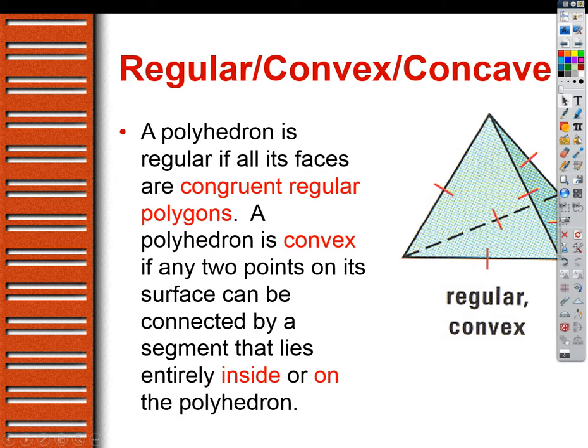Does that make sense? Whenever they leave these vertices, they're always going to be outside of the polyhedron. So therefore, it's convex, right? That makes sense?